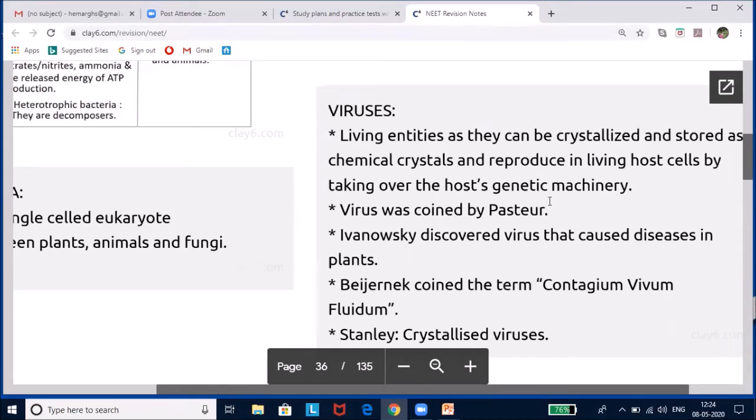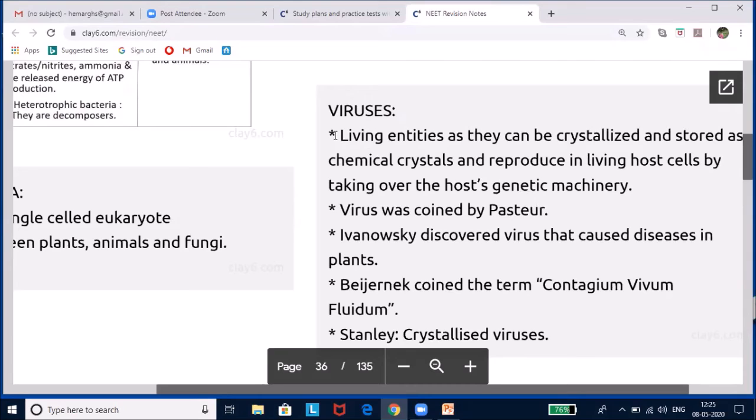Actually, on the whole of the earth, it is 1 gram of virus that is found and it has brought everybody globally literally to their knees. That is the power of these viruses. They are living entities because only in the presence of a host cell are they capable of replicating. If they do not have a suitable host, they remain as non-living entities for some time. And that is the problem even with this COVID-19.